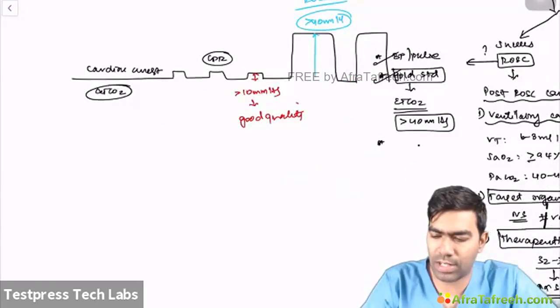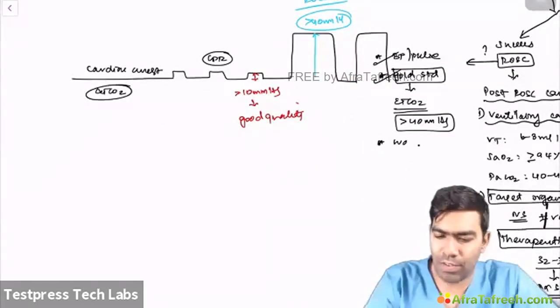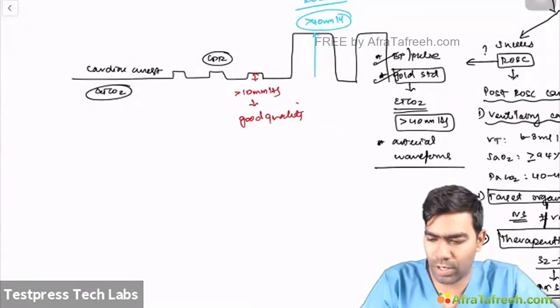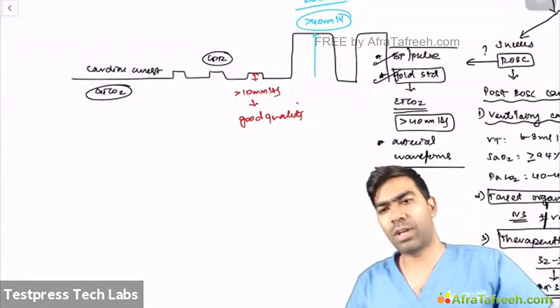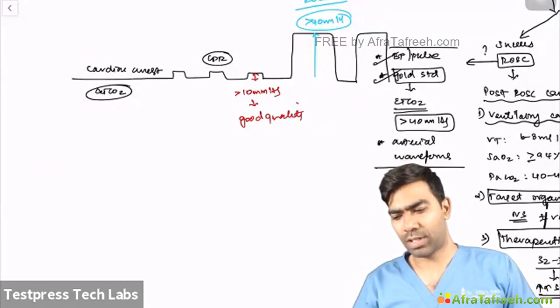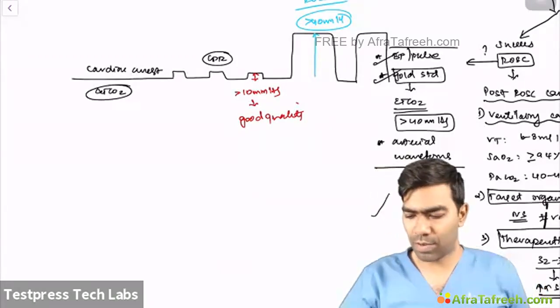Apart from that, if you have an arterial line or a pulse oximeter and you start seeing arterial pulse waveforms, that again tells you that the patient has got a return of spontaneous circulation. That should be a typical arterial waveform like this.